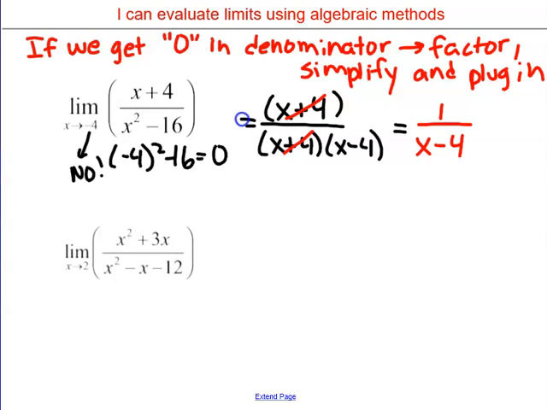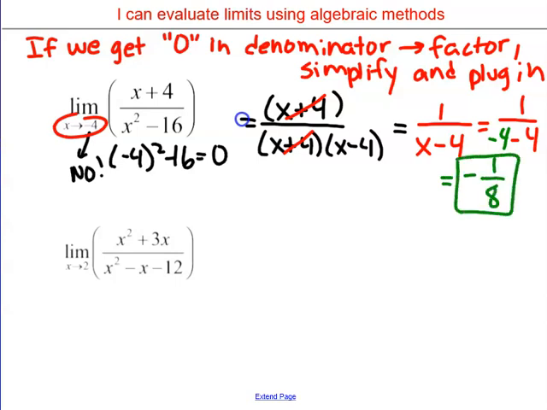So now if I plug in negative 4, I get 1 over negative 4, which is negative 1 over 8.